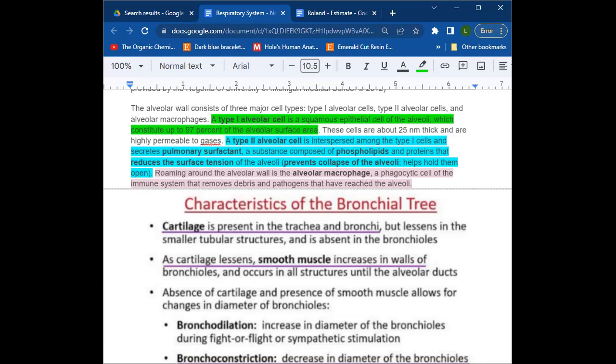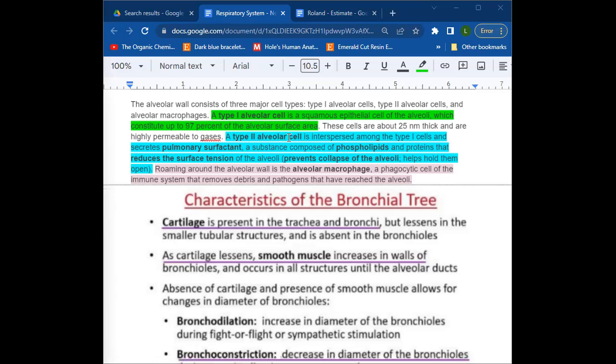And so we need to know the surfactant is a substance that reduces surface tension in the alveoli, because surface tension would actually cause the alveoli to collapse. And so the surfactant is supposed to prevent it from collapsing.